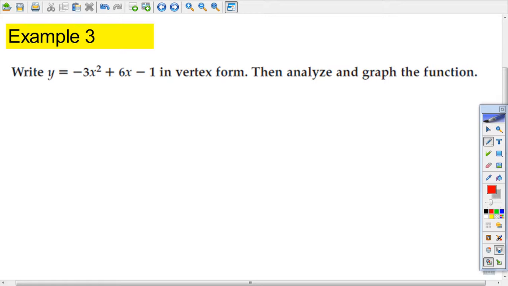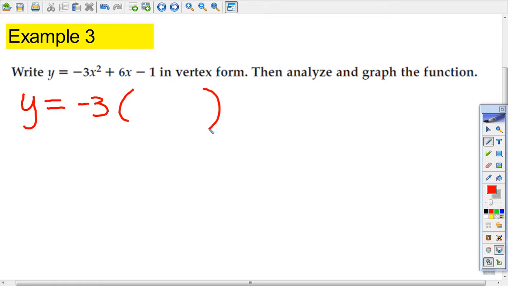I still need to come up with a way to do that, but I don't actually want to affect y. So how you would accomplish this is you would factor it out. So this -3 is going to get factored out. And then the only thing I want to factor on the inside is the -3x squared plus 6x.